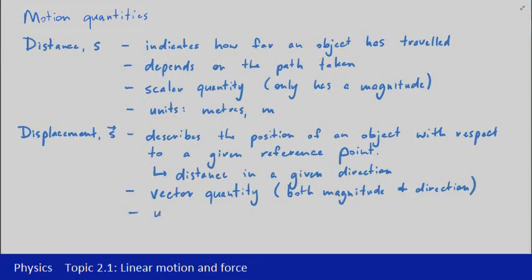Because it's effectively the same quantity as distance, the units will still be metres. The direction that you state will vary. It might be a compass direction, so north 45 degrees east, or measured from north, or it might simply be left, right, up, down, whatever the direction might be.